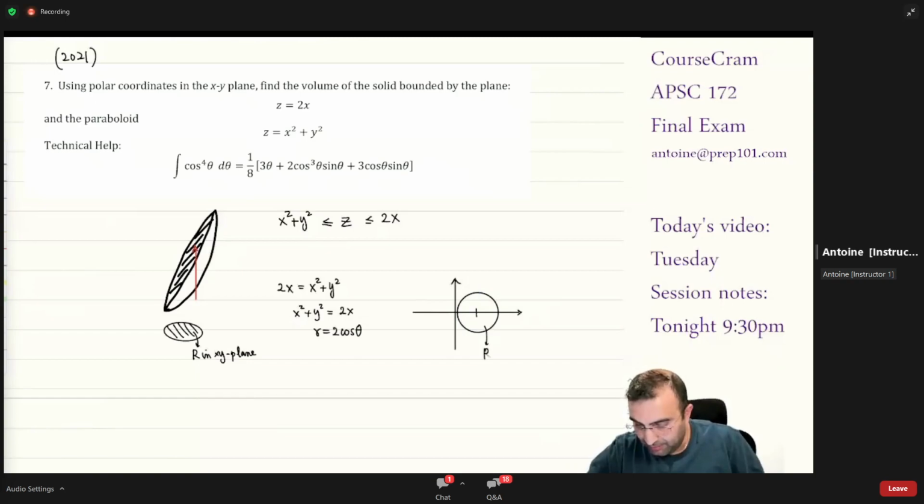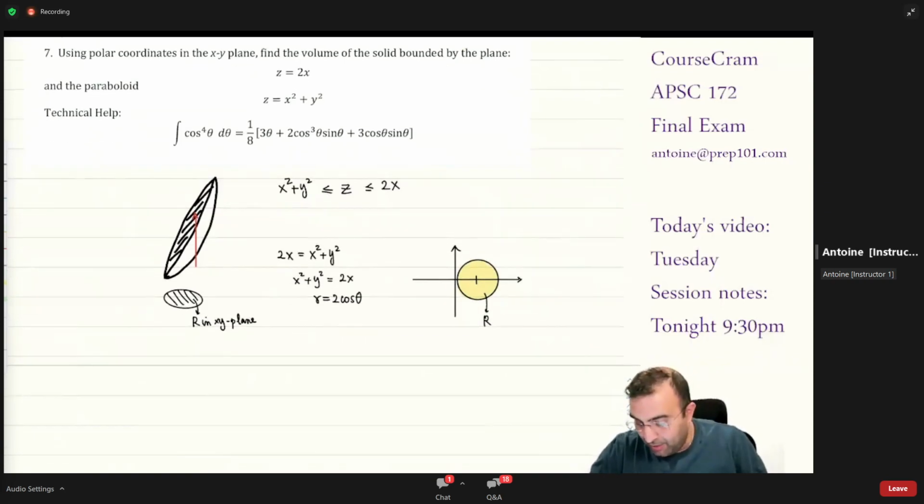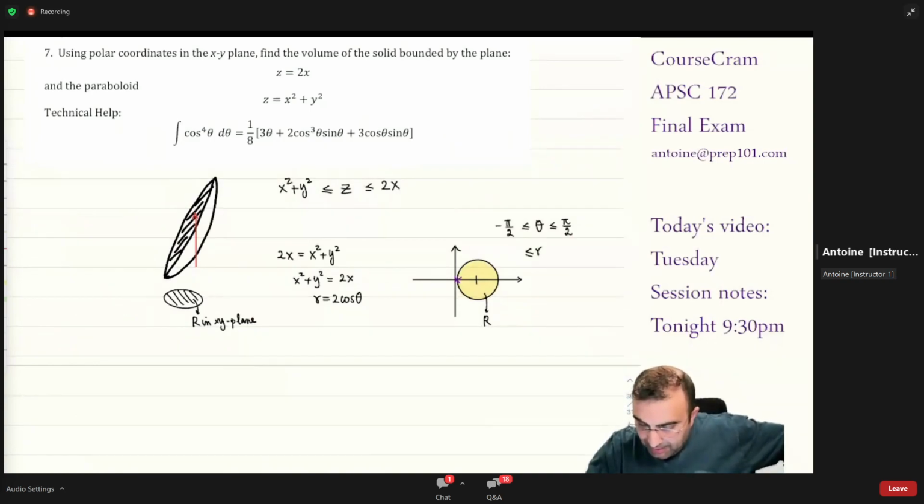That's R. Theta goes from minus pi over 2 to pi over 2. And r, like last time, starts at 0 and the outer part is the curve 2 cosine theta.